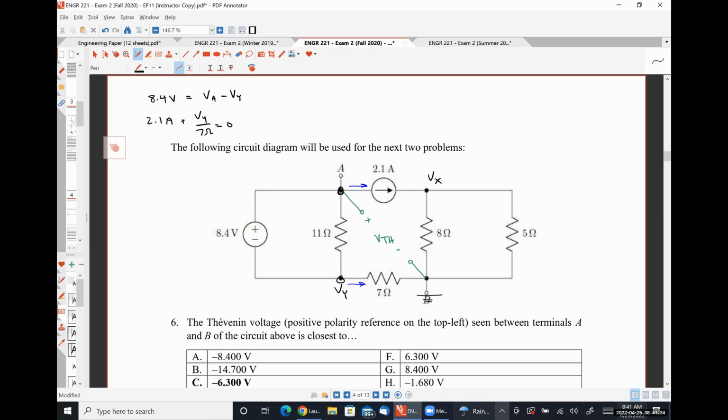My third equation is going to come from applying KCL at node X. So I'm going to have negative 2.1 amps plus Vx over 8 plus Vx over 5 is equal to 0. And I'm done. Right, 3 equations, 3 unknowns, solve for VA. Once I have that, I'm finished.